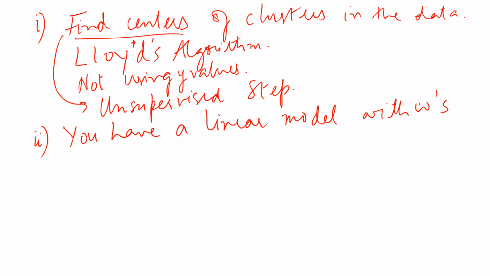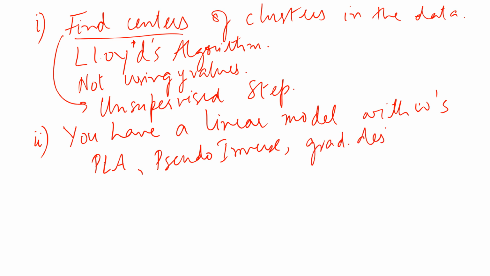Based on this linear model, you can use any algorithm depending on your application. For example, you can use PLA or the pocket algorithm for classification, pseudo inverse for regression, and gradient descent minimizing the cross entropy error for logistic regression.